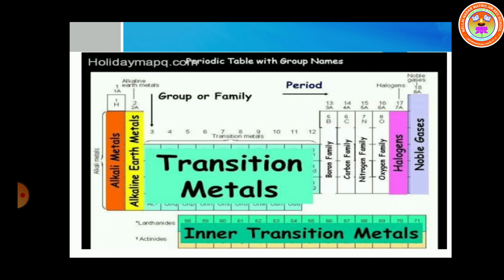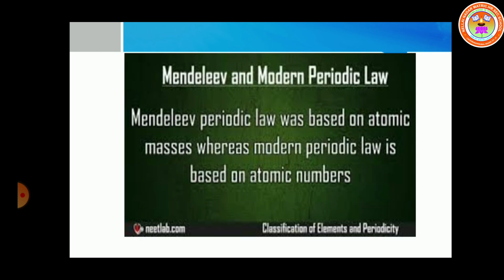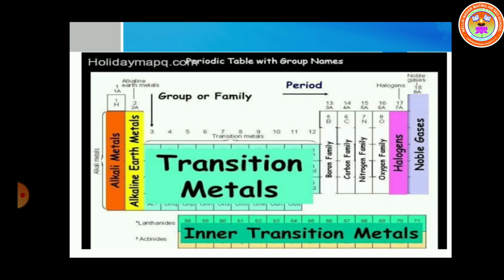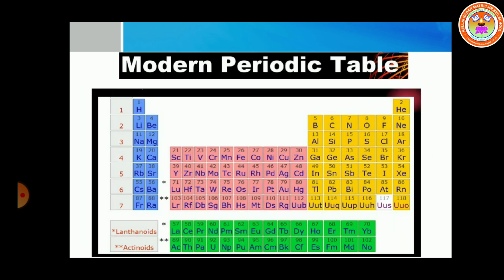Okay, students. So, today we discussed Mendeleev's periodic table and the modern periodic table. What are the differences between Mendeleev's and the modern periodic law? Mendeleev's periodic law was based on atomic masses, whereas the modern periodic law is based on atomic numbers. How many groups and periods are present in the modern periodic table?